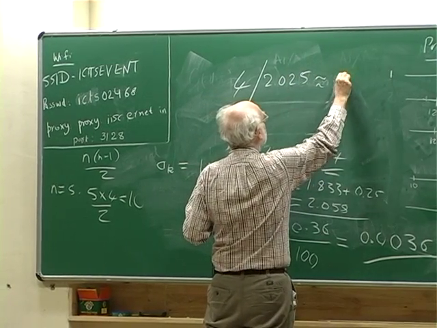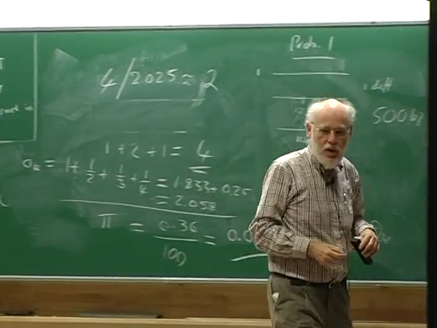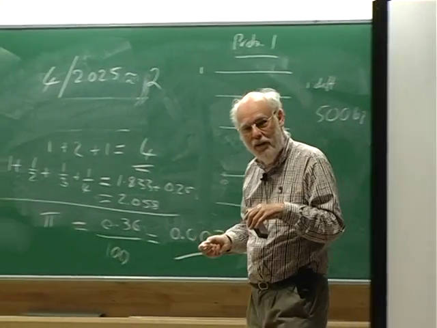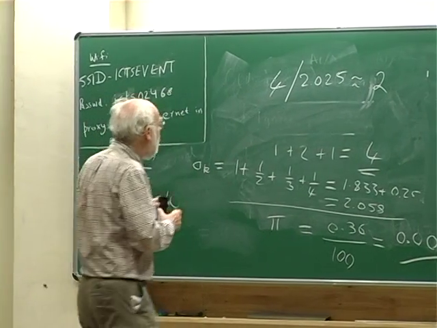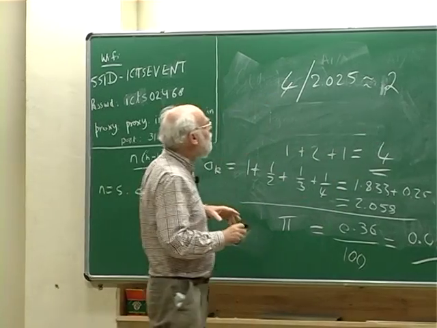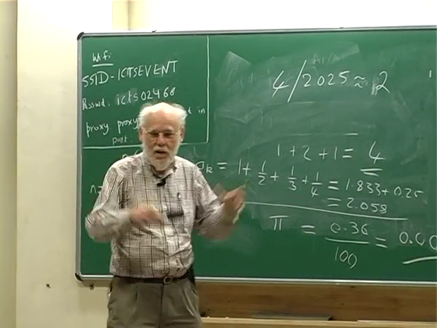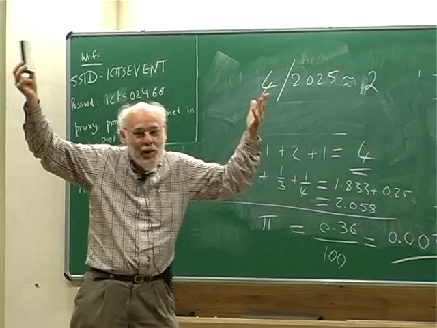I'm going to call it 2, the thing on the bottom, because I'm not very good at doing long division in my head or on the blackboard. The exact answers will be given to you. So it's roughly 2. Since this is biology, not physics, the difference is negligible.